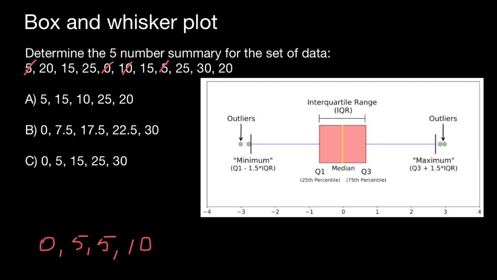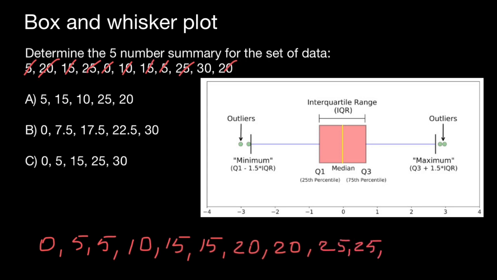Next we have 15 two times. Then we have 20, also repeated two times, so 20 and 20. Then we have 25, 25. And lastly we have 30, so let's put 30 here.